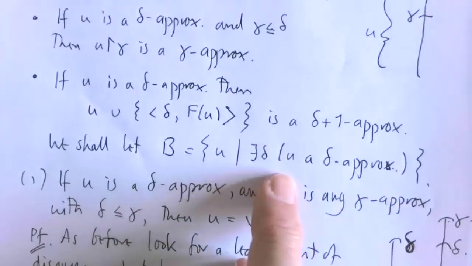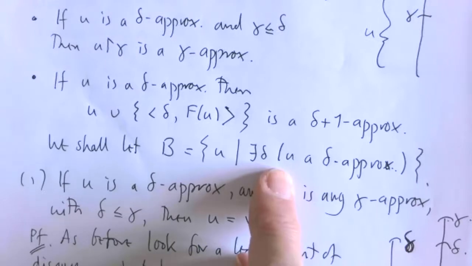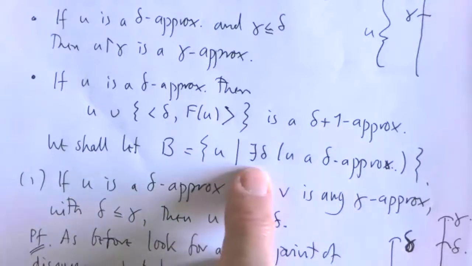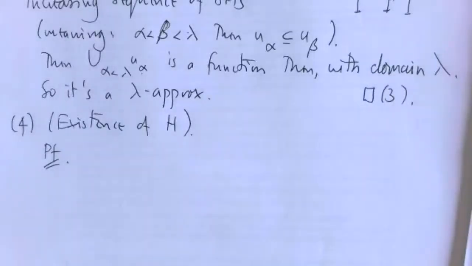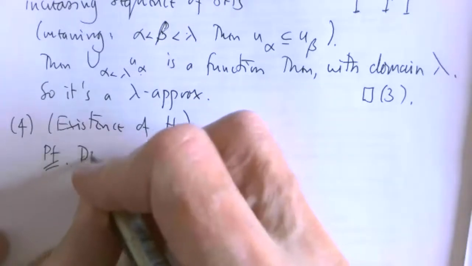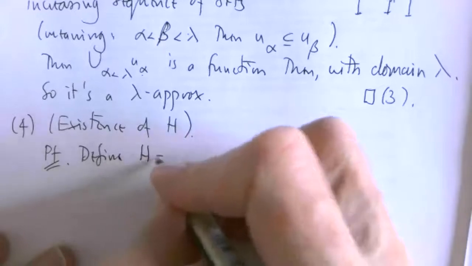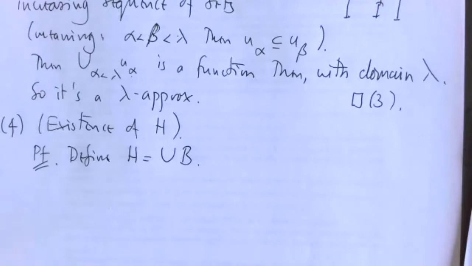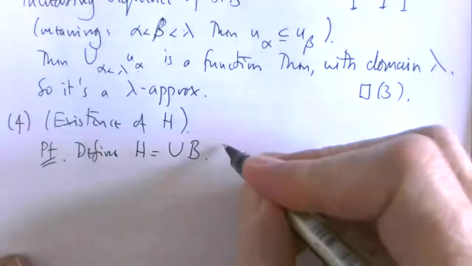We've just shown that they all agree on their domains. Just as I unioned up a lambda sequence of approximations, alpha approximations for alpha less than lambda, to get a lambda approximation, I'll just take the union of all possible delta approximations for all delta. So I let H be the big union of B.